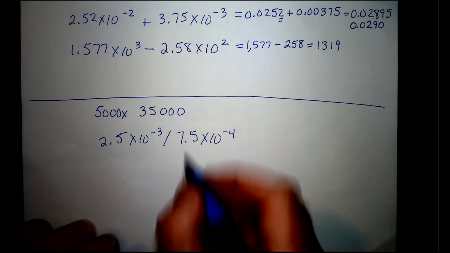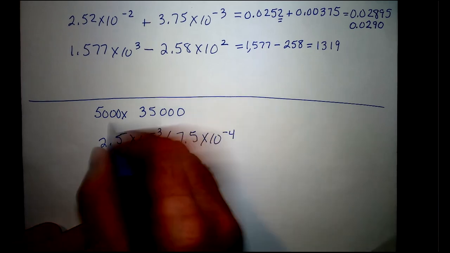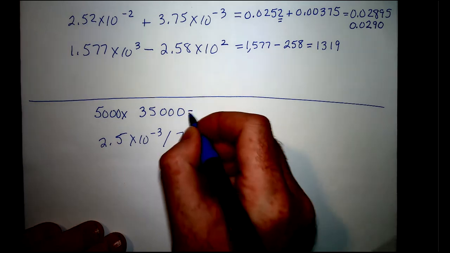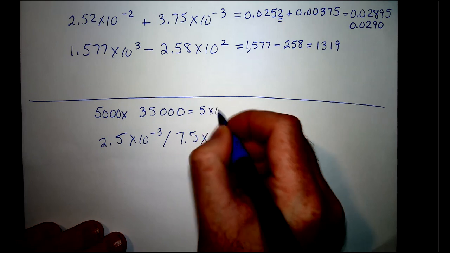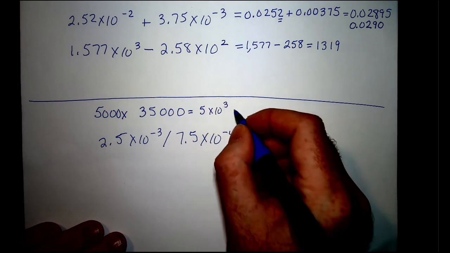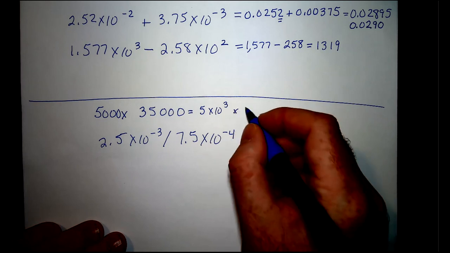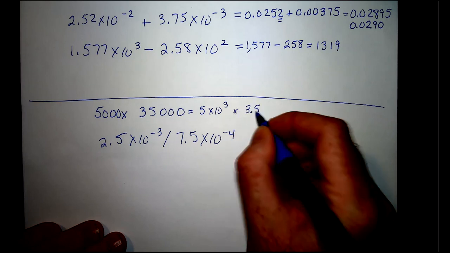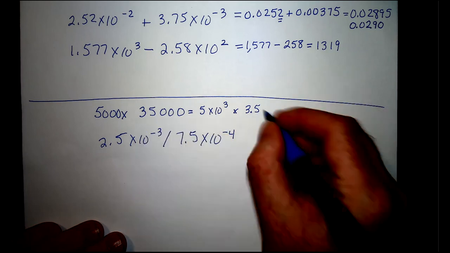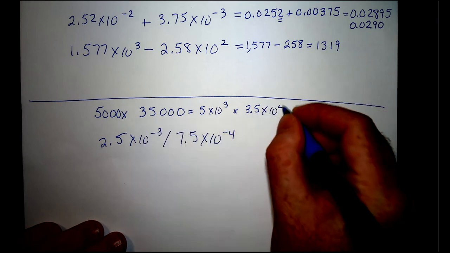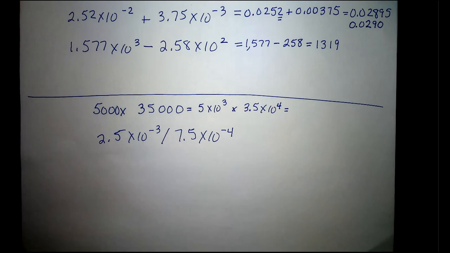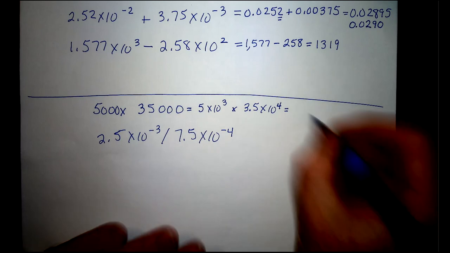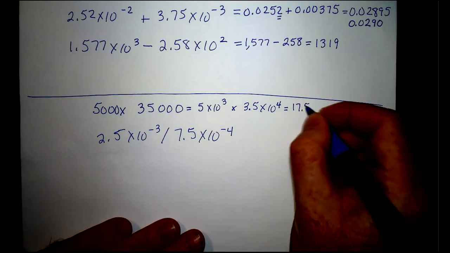Okay, let's look at these numbers. Now you could just multiply this out, but if I do that in scientific notation, we're going to have 5 times 10 to the third times 3.5 times 10 to the 1, 2, 3, 4. So times 10 to the fourth. Now we multiply 5 times 3.5, and that's going to give me 17.5.